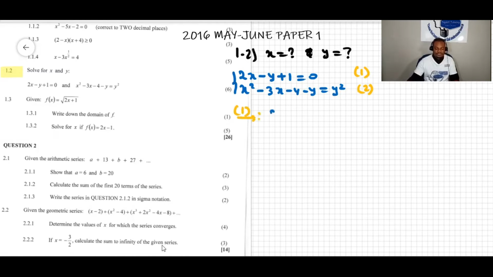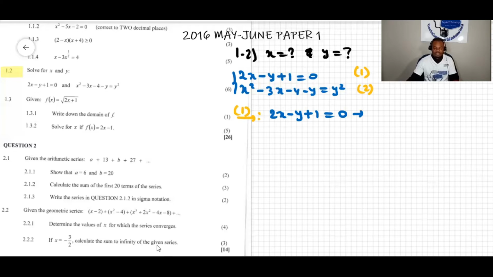From equation 1, for instance, we have 2x minus y plus 1 equal to 0, right? Now I want to select one of the two variables here, x and y, to make the subject of the formula. With x, it will work, but I don't want to work with fractions. I prefer to use y. So I'll keep y on the left hand side.